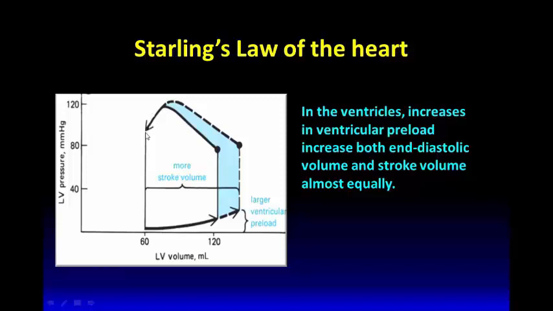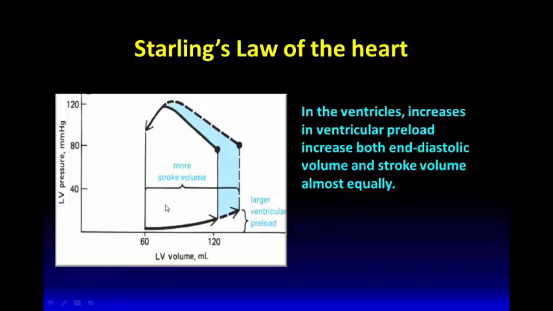So this volume is the end systolic volume, and now the left ventricle undergoes diastole without a change in the volume. So this is the isometric relaxation phase. So now this is the volume of blood which is ejected with an ordinary end diastolic volume. So what happens when the preload, when the end diastolic volume increases?